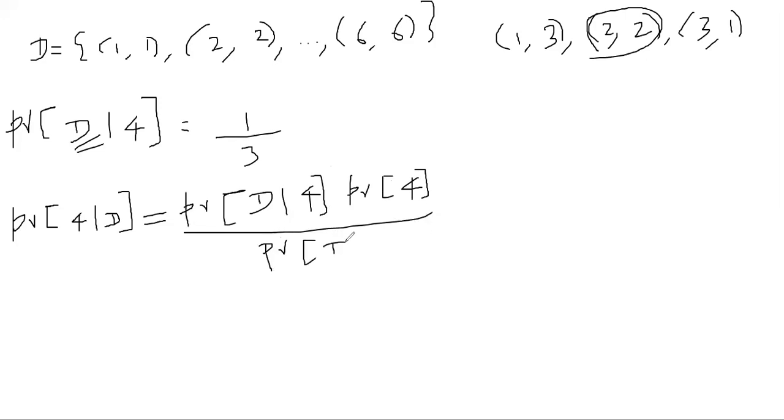We can do all of this very easily. What is the probability of getting a sum of 4 when we roll 2 dice? Either it can be 1 3, 2 2, or 3 1. That's 3 out of 36 possibilities, right?